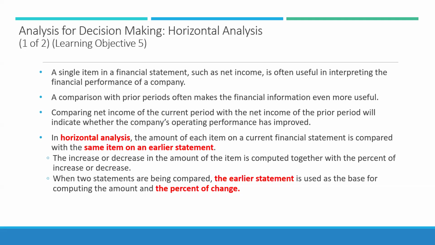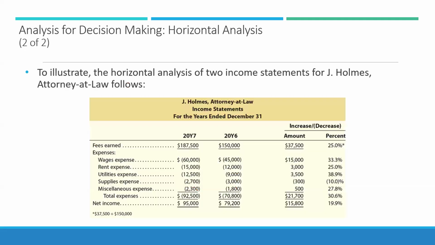And then when you're comparing the two statements, the percentage of the change is based off of the earlier statement. So if last year was 100 and this year it's 125, that would be a 25% increase, because the 25 of increase is divided by the earlier statement's balance to calculate.